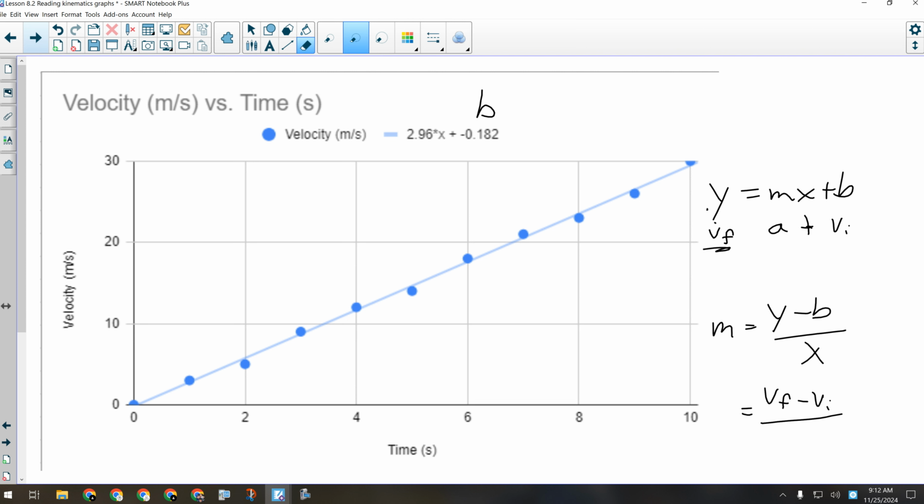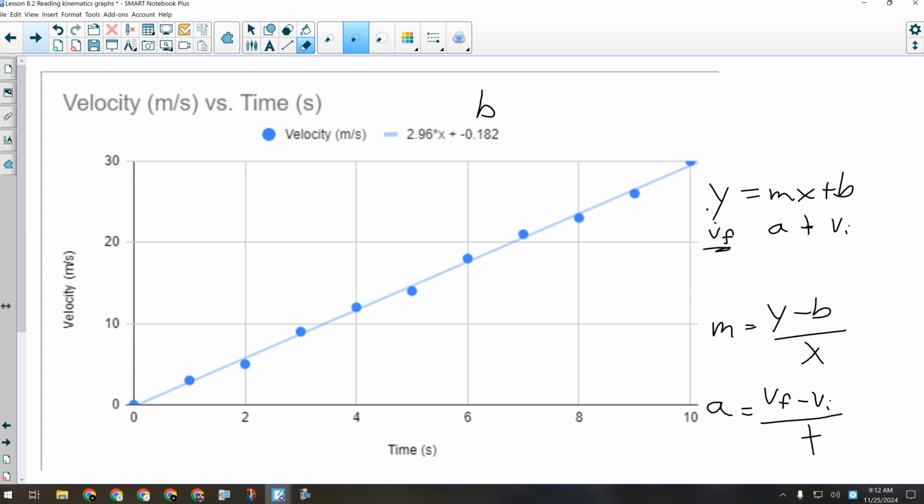What did x equal? Time. On the back of your periodic table is that formula. That is how we calculate acceleration. That is why the slope of the line on this graph is acceleration. It is the rate at which you are changing your velocity.